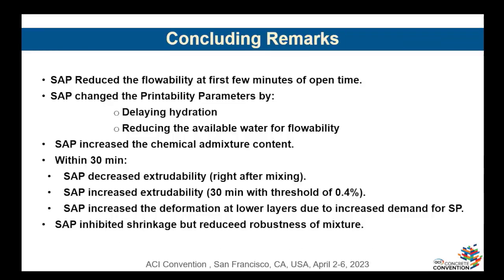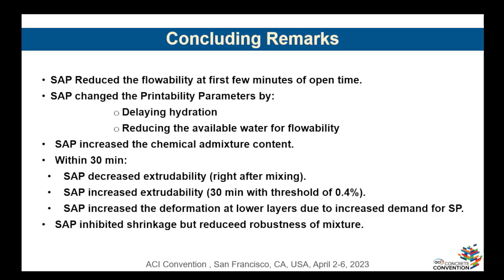And concluding remarks: this is a feasibility study. Your comments would be really appreciated because it's a continuation of a very big project that Dr. Zhu and I are working on. SAP reduced the flowability in the first few minutes of open time, but later it was all right. SAP changed the printability parameters by delaying hydration and reducing the available water for flowability. SAP also increased the chemical admixture content.